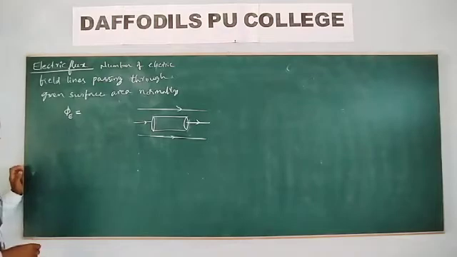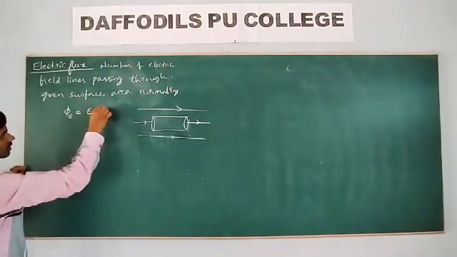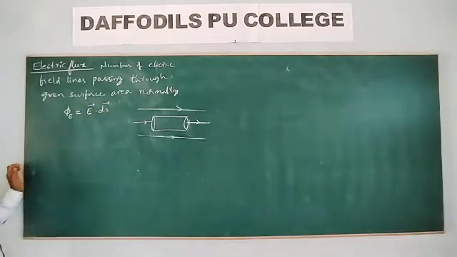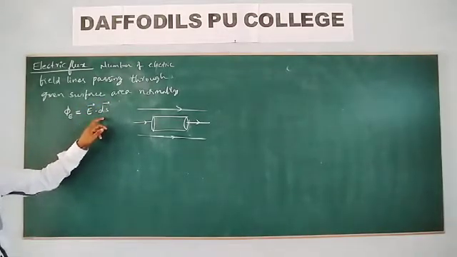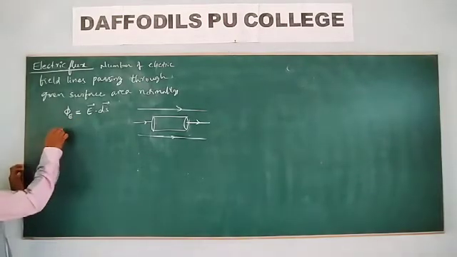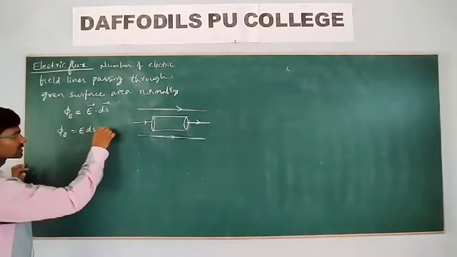Phi E is the dot product of the electric field vector and the area vector. ds represents the area vector, E represents the electric field, and you can write phi E is equal to E ds cos theta.